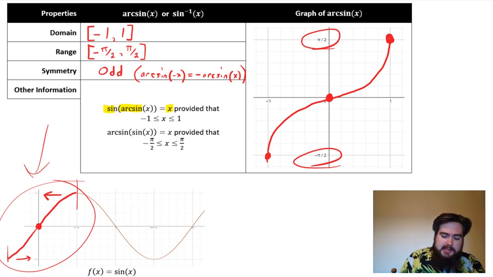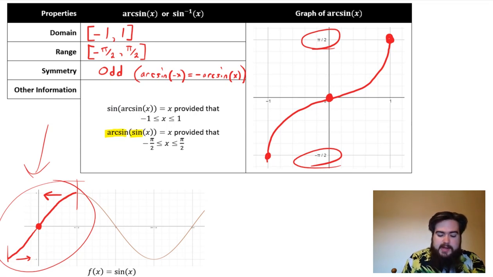Meaning, as long as x is actually a ratio between -1 and 1, then yes, sine of arcsine of x will just cancel each other out. That tends to be less of a concern for us. The bigger concern is actually the second part of this note.